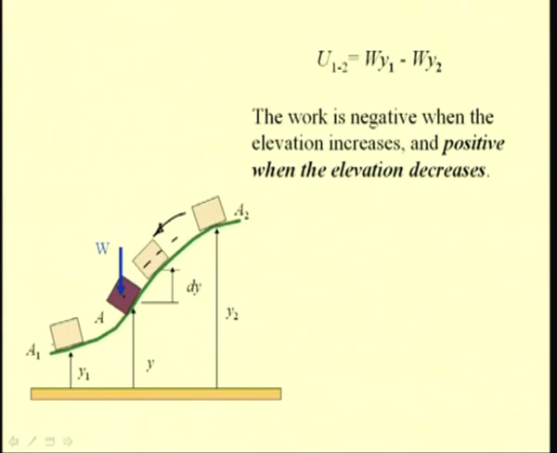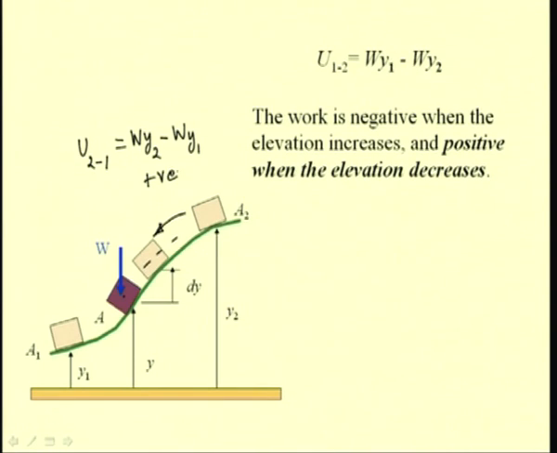For a motion the other way, that is, if this body moves from A2 to A1 where the elevation drops, the same work will be positive, because then the work done U2 to 1 will be Wy2 minus Wy1, which will be a positive quantity.